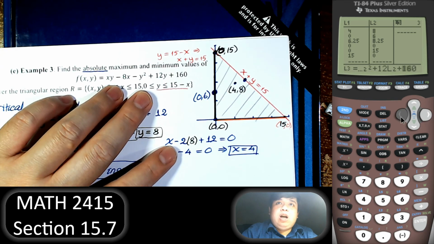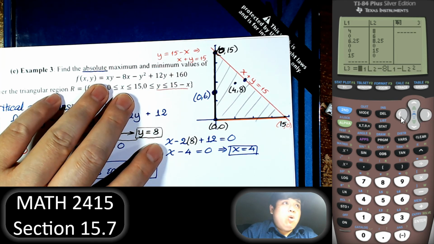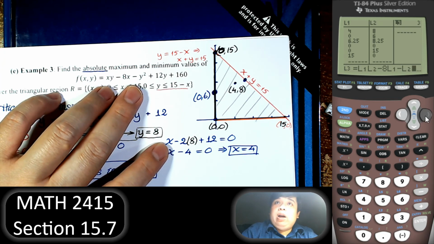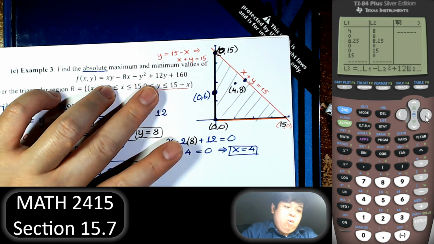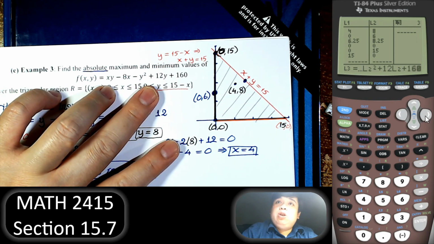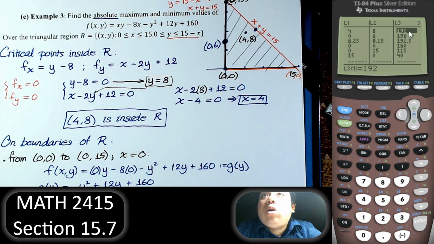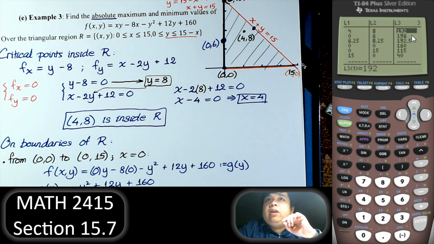Alright, let's check one more time because once we're done, it's difficult to go back. L1, L2 for x, y, yes. L1 for x, yes. L2 for y, that's correct. 12y, L2 for y, yes. Plus 160, then boom. Alright, which one is the biggest one? 196 is the biggest one.